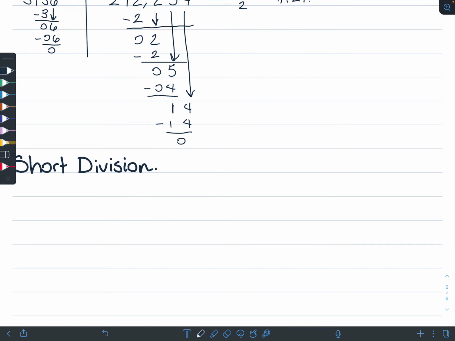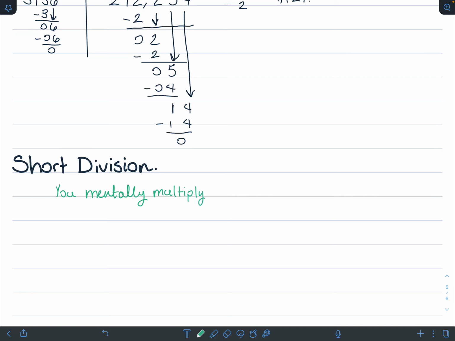Short division is where you mentally multiply and subtract.